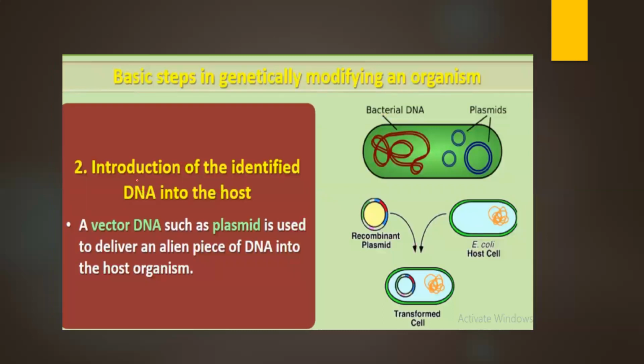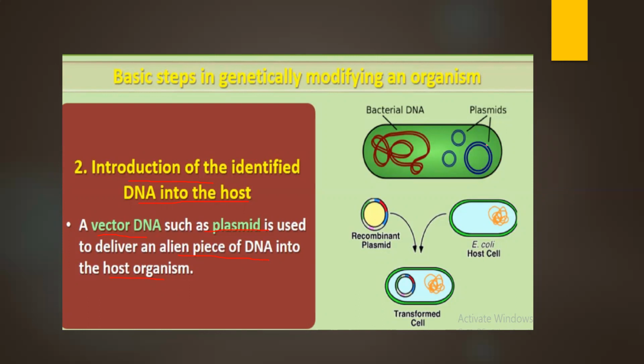The second step is introduction of this identified DNA into the host. In this, we require a vector DNA, such as a plasmid, to deliver this alien piece of DNA into the host organism. You can see over here, what are plasmids? These are autonomously replicating circular DNAs present in bacteria.